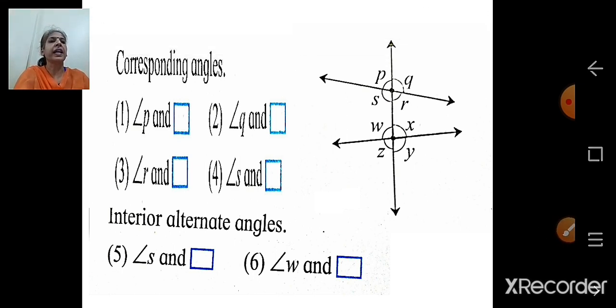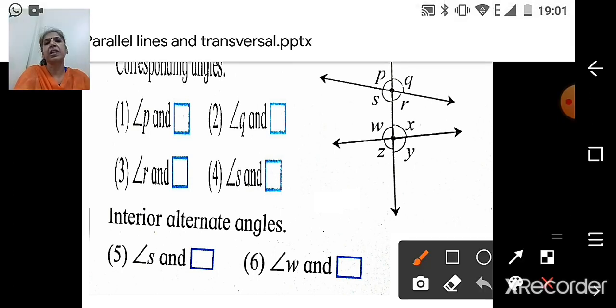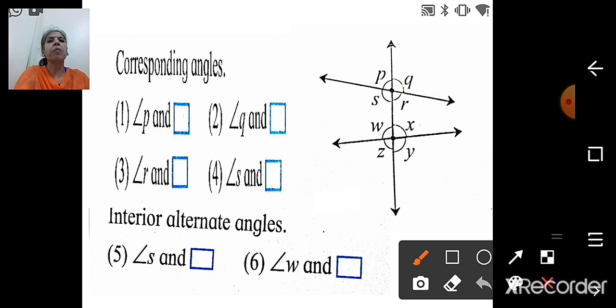Interior alternate angles. They are interior, that is, on the inner side of the transversal, and these angles are in the opposite direction of the transversal. When we say angle S, this is our angle S, right? Interior, they should be inside and in the opposite direction. So angle S, then angle X. With S we have X, right?